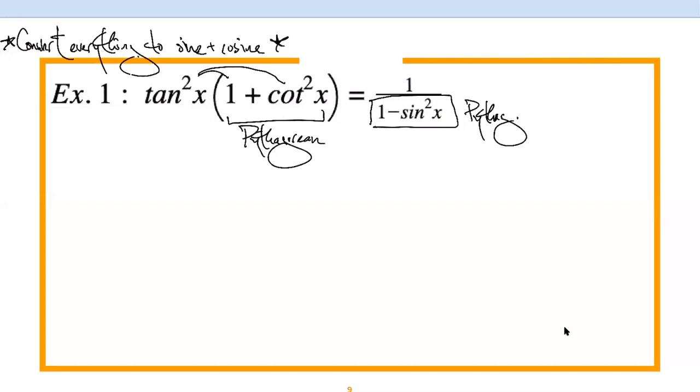Or if we choose to work with the right side, we need to get it to look like tangent squared x times 1 plus cotangent squared x. Okay? So when we're verifying identities, no cross-contamination: you pick one side, you work with that side, you make it look like the other side. Okay?